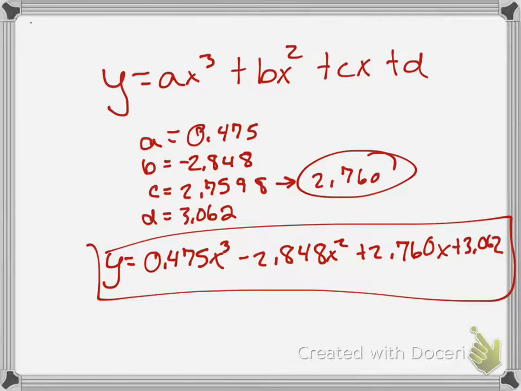Now typically what's going to happen is higher degrees tend to be a little bit more accurate because you can do a little bit more with them. But, like we've been seeing in class, the higher the degree, the harder they can be to work with. So we typically want to go with a minimalistic approach with what degree we pick. We could have picked a quartic function for this graph, and it would have come out fine.